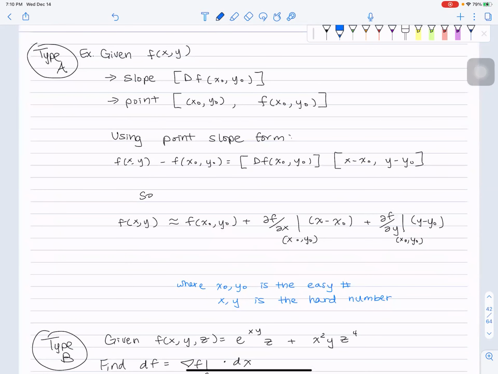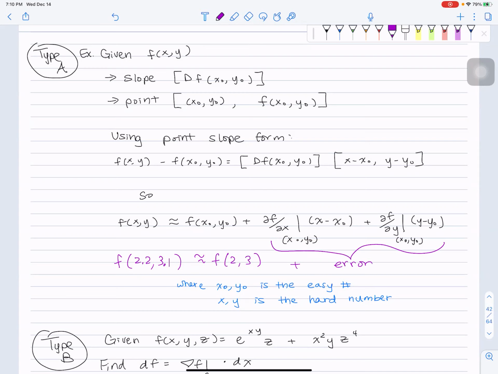Okay, and the idea is that, say you're trying to estimate the value at 2.2, 3.1. That's approximately equal to plugging in your function at 2, 3, but there's a slight difference you're missing. And that difference is this entire thing. That's your error.